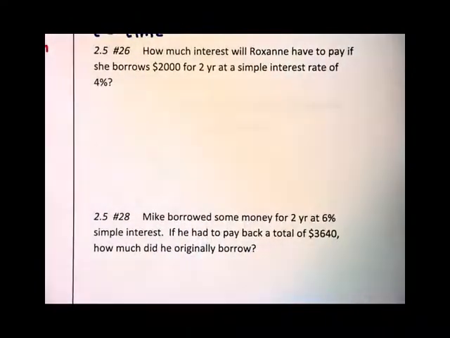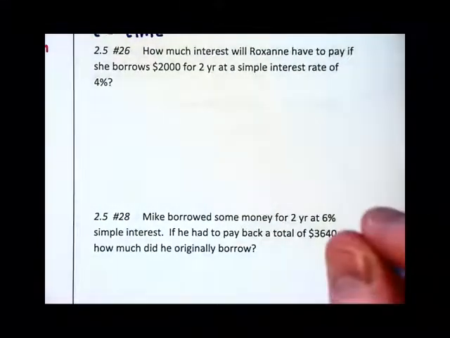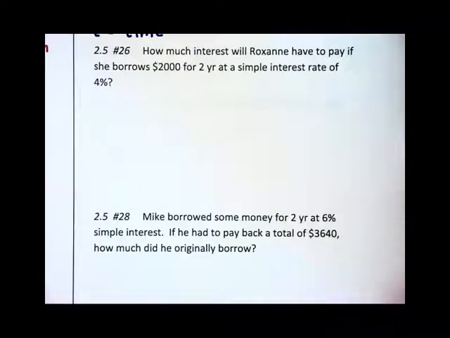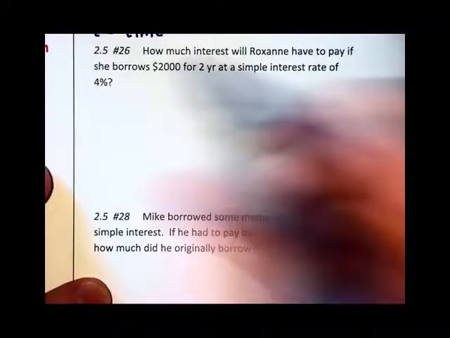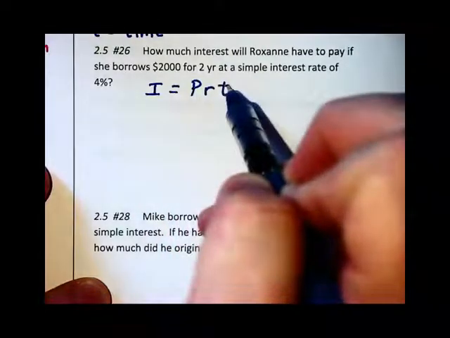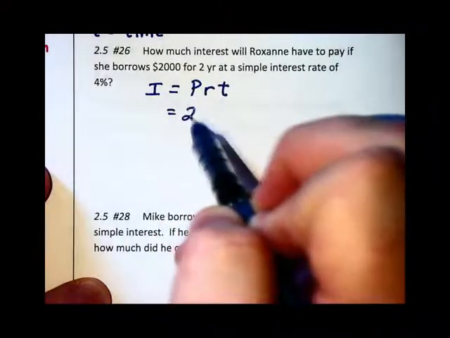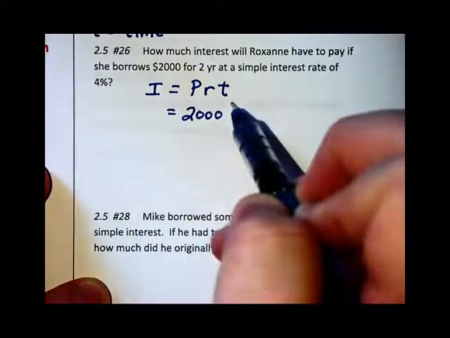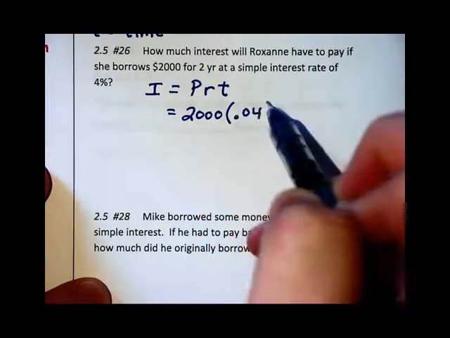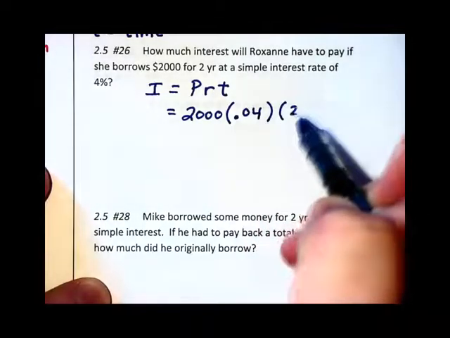So how much interest will Roxanne have to pay if she borrows $2,000 for 2 years at a simple interest rate? Okay, just find the interest. That's interest equals principal times rate times time, which will be the principal of $2,000 at 4%. I need to write that as a decimal, 0.04, for 2 years.